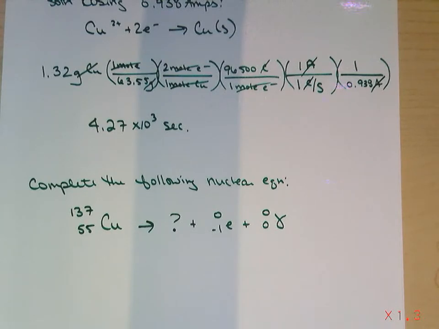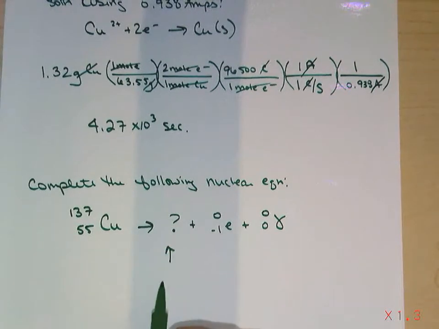What's its mass number going to be? 137. Then how do I go about figuring out its atomic number? Right, so it's 55 on this side. I have a minus 1 over here, so it'll be 56.